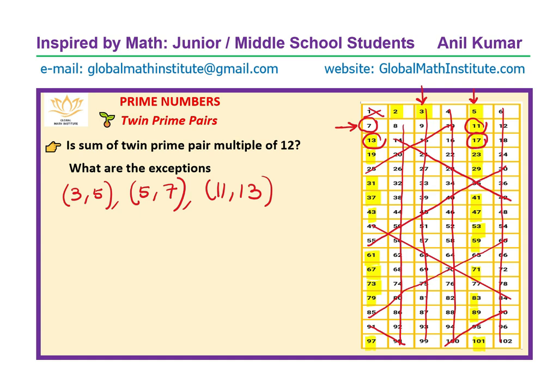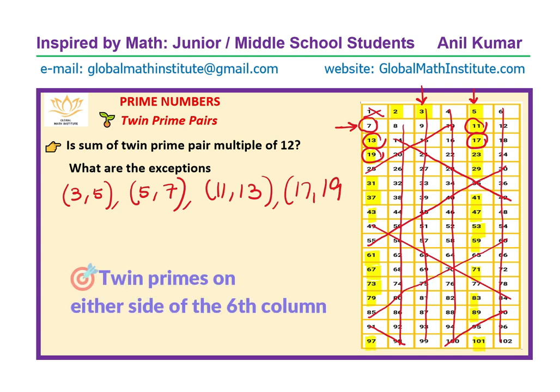17 and 19. And then we have 29 and 31, alternating, right? I'm only highlighting and writing down the twin primes, leaving aside the other prime numbers. I left 23, you notice that, correct?